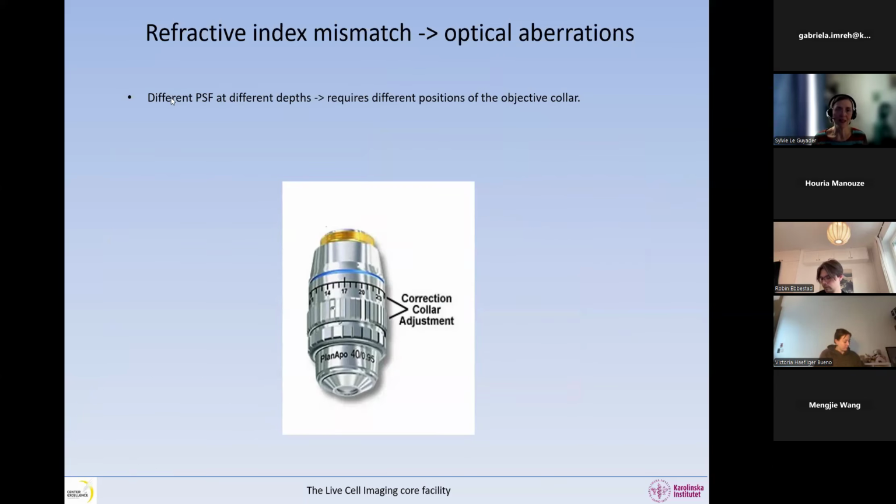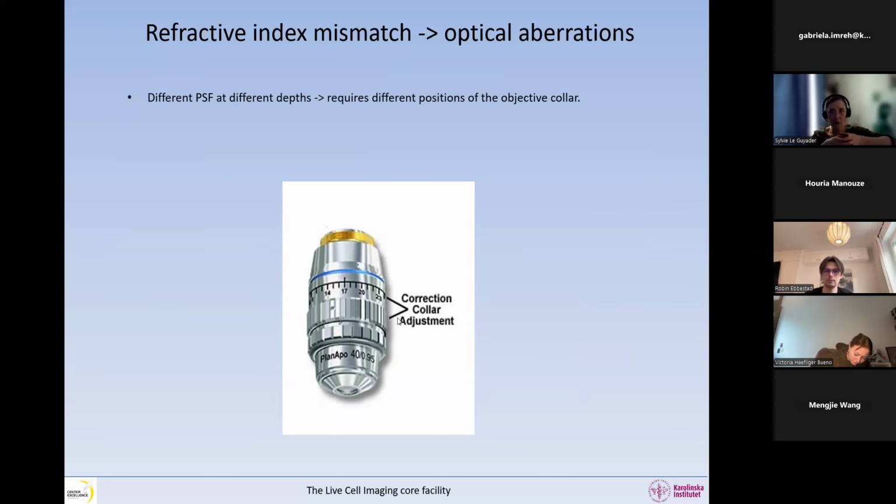One of the problems is that even though we may have an adjustment ring on our objective that we could turn, the point spread function is going to be different at different depths. So it's impossible to find one position that works for all depths.